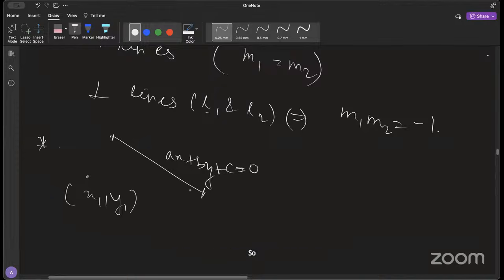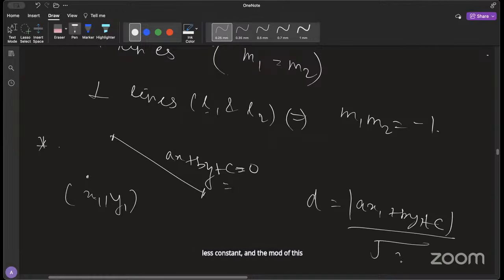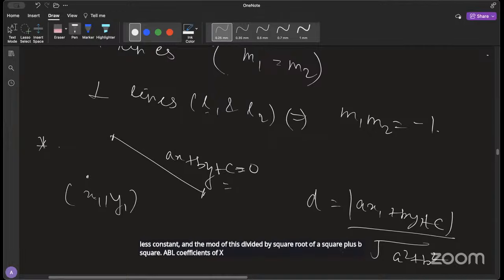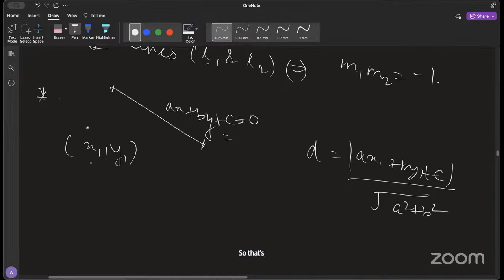So bring the equation of your line into general form and then use this formula. Substitute x1, y1 on the left-hand side of the equation, so it's ax1 plus by1 plus c, take the mod of this, divided by square root of a square plus b square. a and b are coefficients of x and y in this line. So that's the distance between the point and the line.